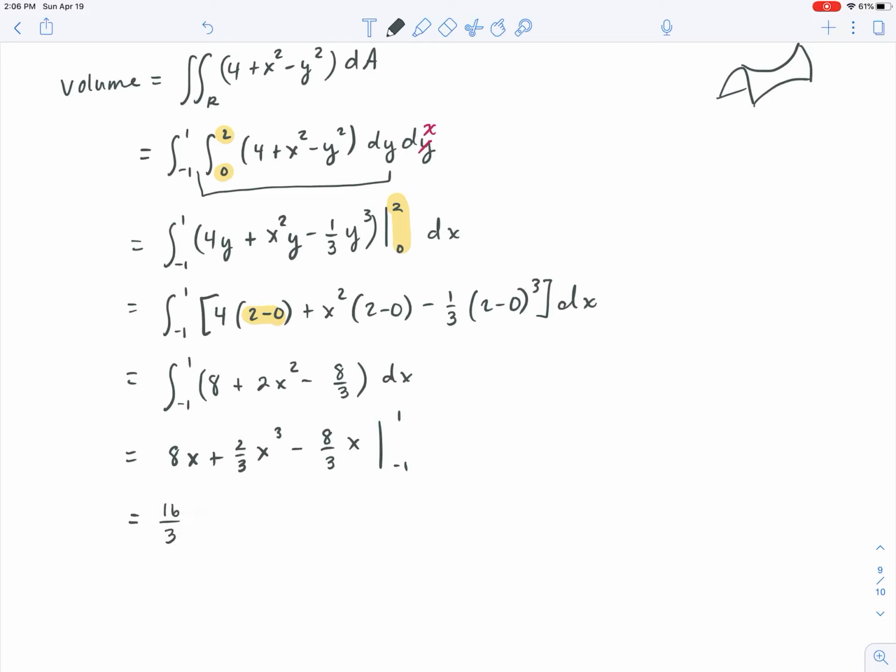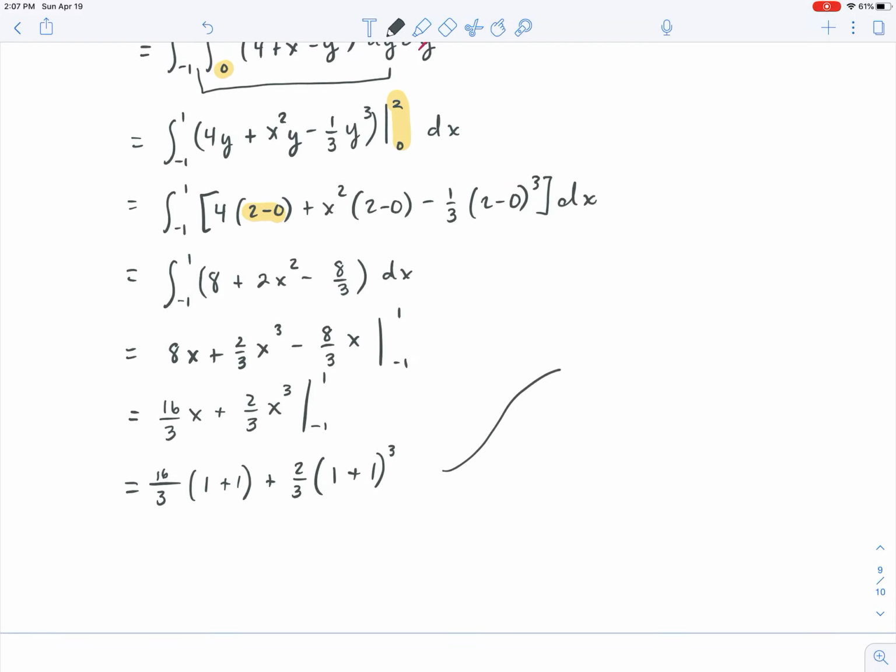Let me go ahead and clean it up before I put in the limits. So I'm going to put in the 1 and then do the minus -1. And then plus 2/3, if I put in the 1 and then minus the -1 cubed.